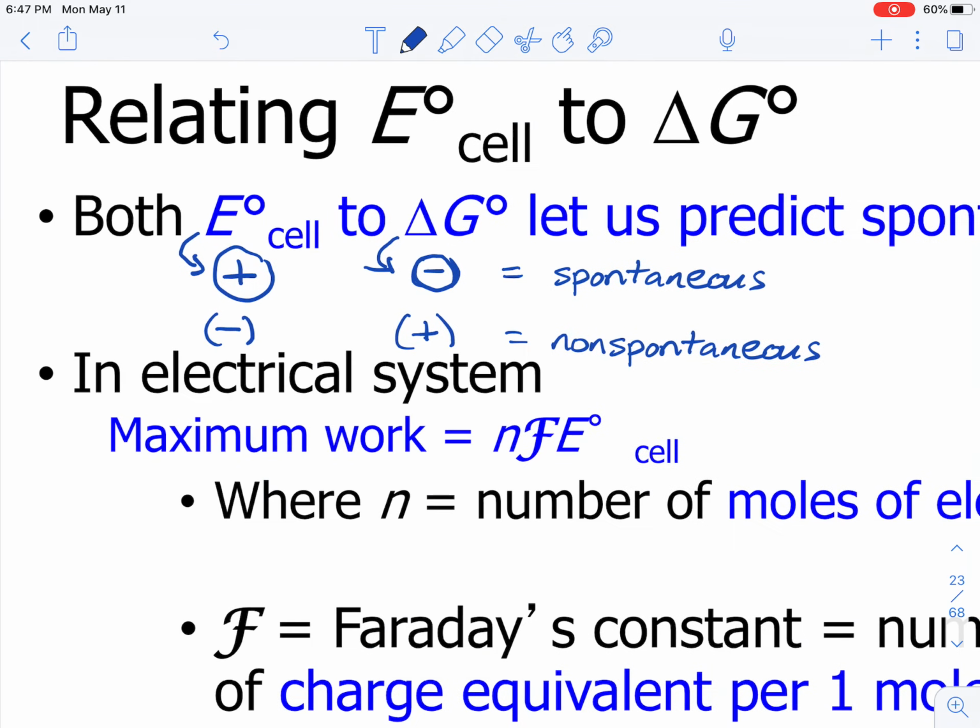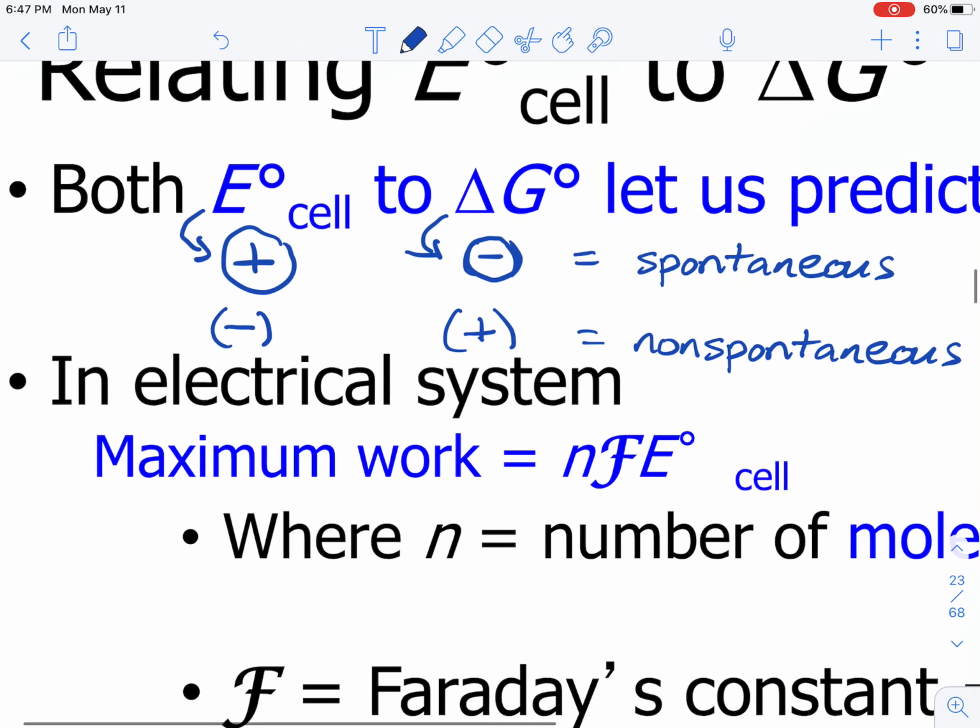If you calculate a standard cell potential that is, for example, positive, and then you go through all of your work and somehow calculate that the change in Gibbs free energy is positive, then you will have two conflicting signs. Your standard cell potential is telling you it's spontaneous, but delta G is telling you it's non-spontaneous.